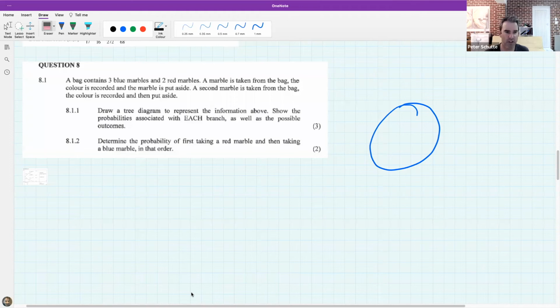When you think you've got the answer for 8.1.2, then you can just put it in the chat. If you've got a question, just raise your hand. I'm happy to talk through it.